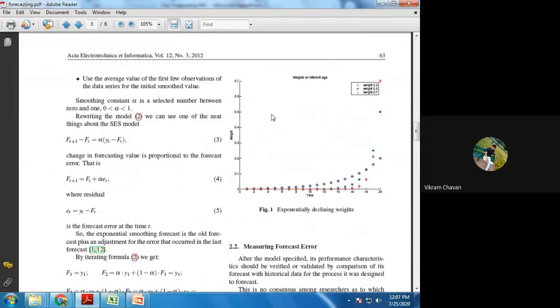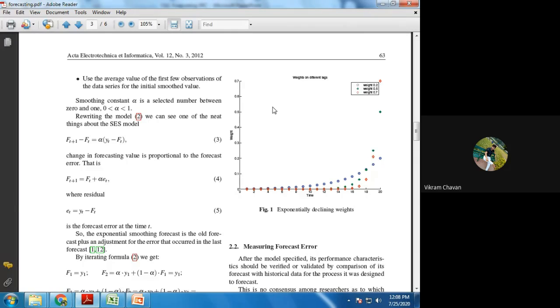Extra knowledge you get through such papers only. So I recommend that you please go through this particular paper. I will share this paper on our WhatsApp group. Please go through it and get some extra knowledge about what kinds of problems we have to face while forecasting the demand for the next year, for the next period, and which points we have to consider.